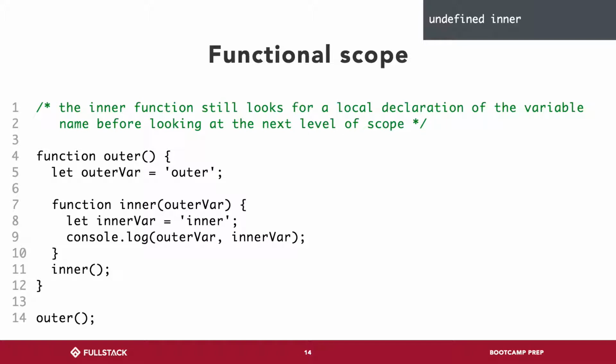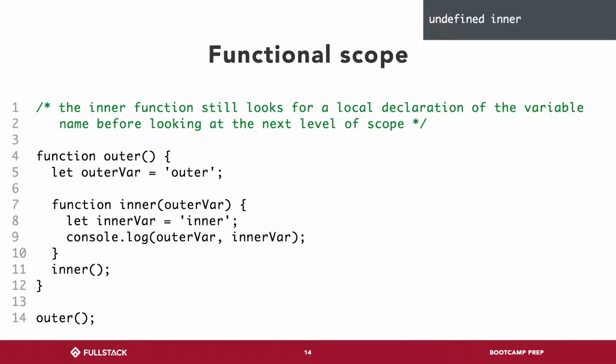Oh, it's undefined. Oh, because it has a parameter, yeah. It's easy to get tripped up. When we have this as a parameter, it'll say let outer var equals outer var. And since it's actually declared, it'll try to log that version instead of this version.